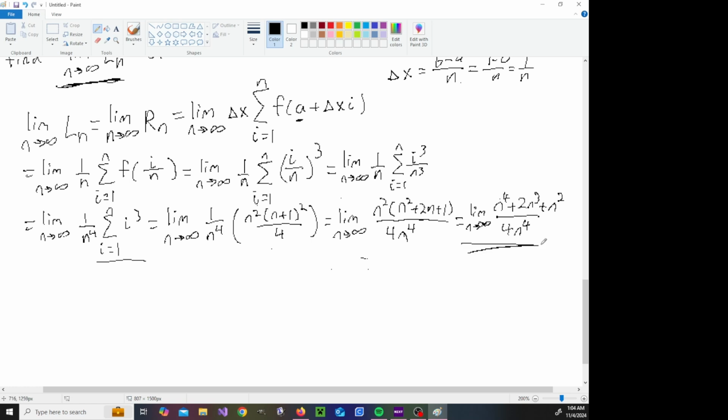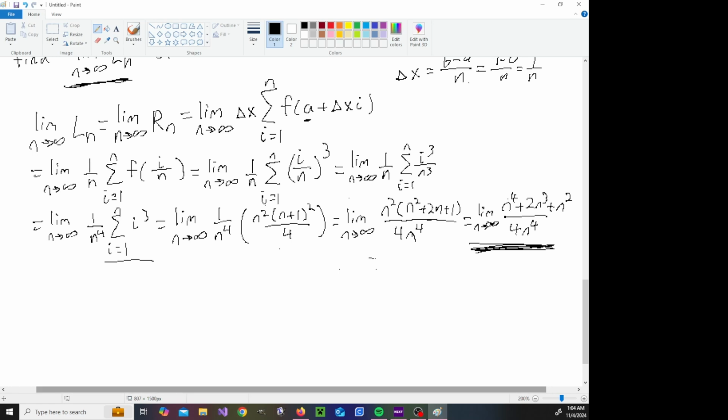So this is now something that I can distribute, or sorry, break this division up across all of those terms. So this is the limit as n goes to infinity of n to the fourth over 4n to the fourth plus 2n cubed over 4n to the fourth plus n squared over 4n to the fourth.